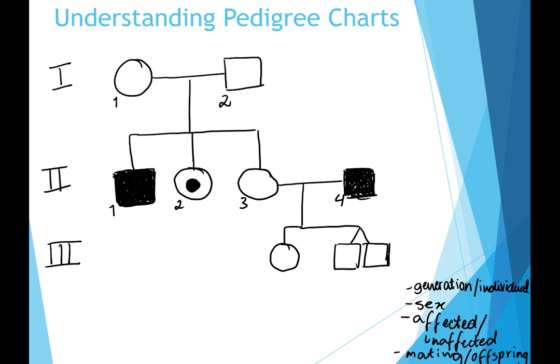Okay, the first convention we have to know is that on this side here, we often put the generation. So for example, here we've got generation 1, and then the little number represents the individual. So for example, if we were to look over here, this is an individual that is in generation 2 and is individual 3.